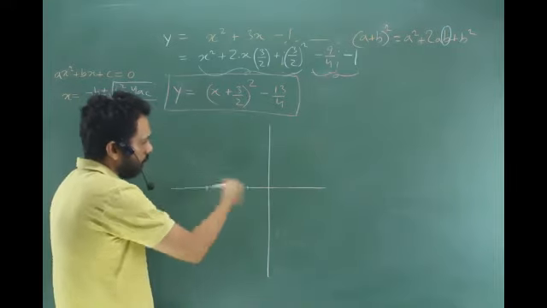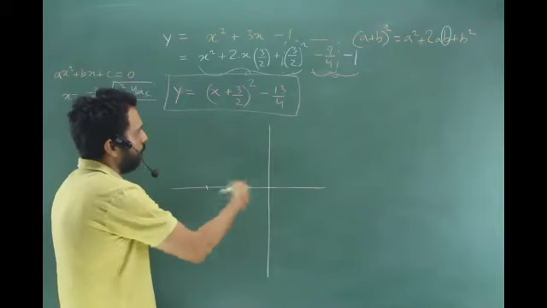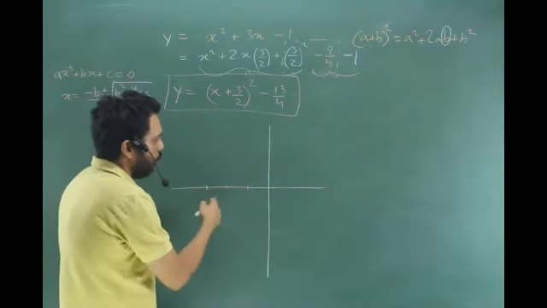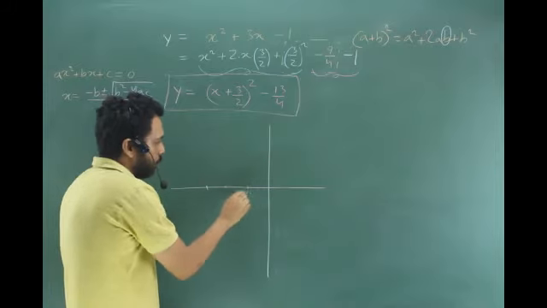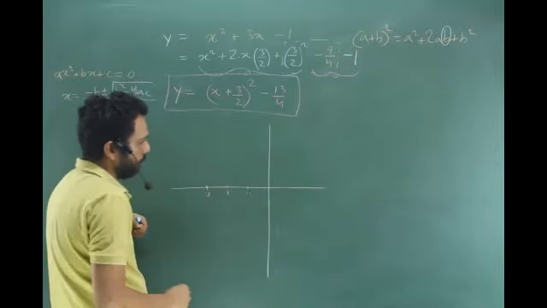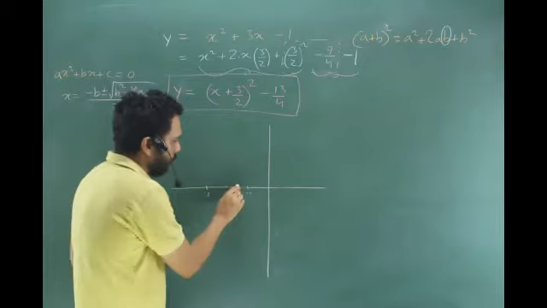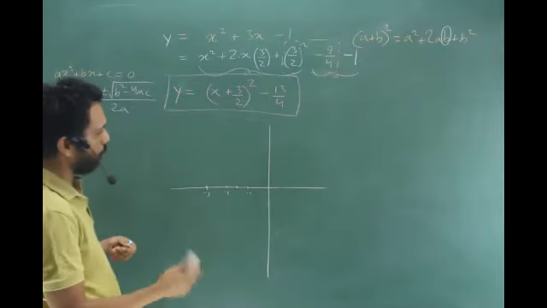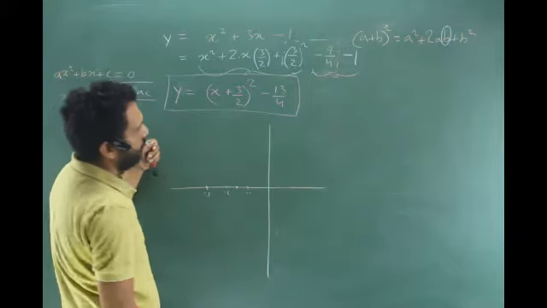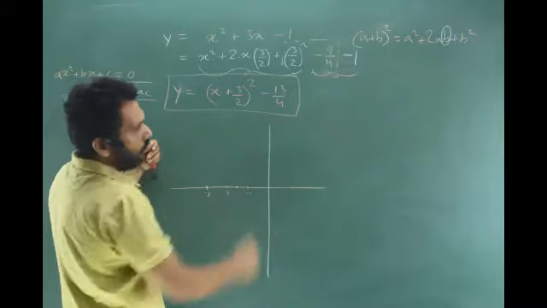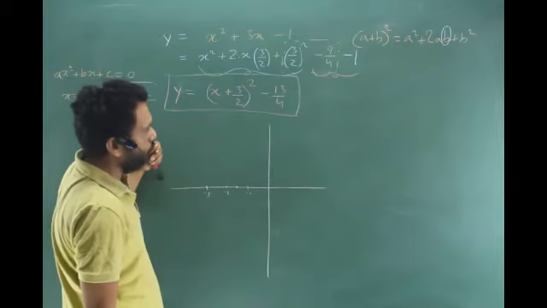This has gone this side, to the left by 1.5. So I've drawn a 1 over here. That's a minus 1, that's a minus 2, that's a minus 3. So it has gone over here. I'm just putting some points initially so that I don't mess up the graph. And it has gone down by 3.25, 13 by 4, right?